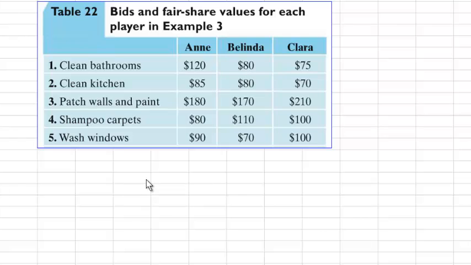Okay, let's do this one again. So our players are Anne, Belinda, Clara, and in our reverse auction, our tasks are the bathroom, the kitchen, I'm going to call it PP for patch and paint, the carpet, and the windows.